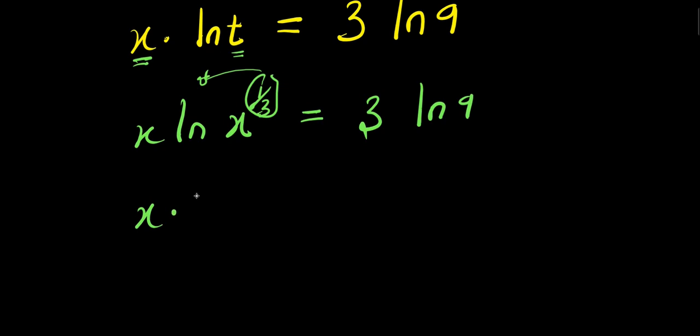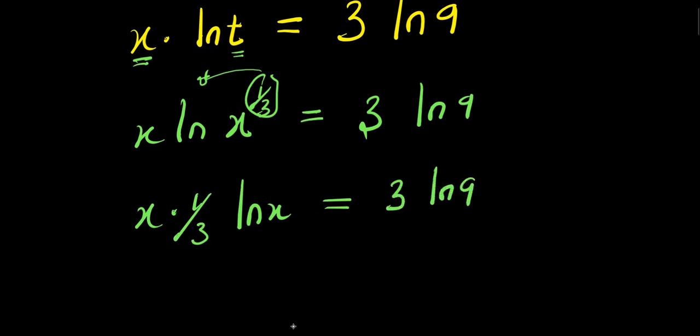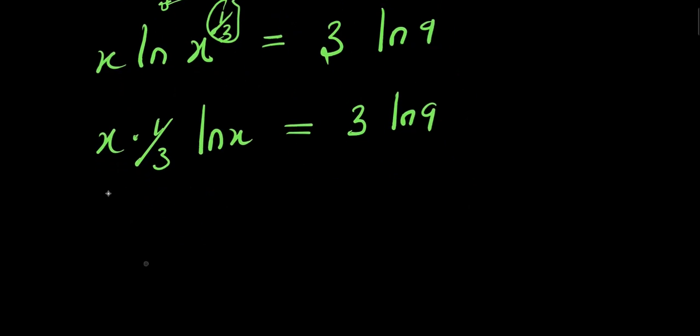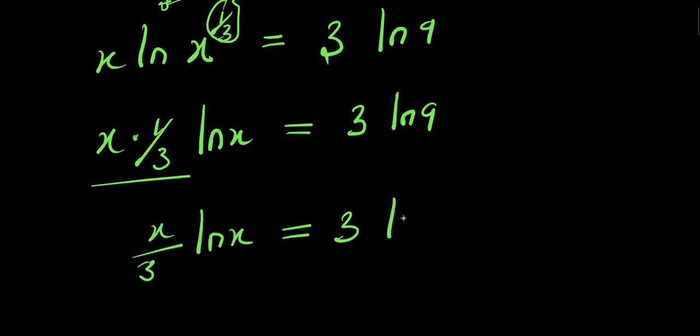We have x times 1 over 3 times natural log of x equals 3 times natural log of 9. Multiplying this, we have x over 3 of natural log of x equals 3 times natural log of 9.